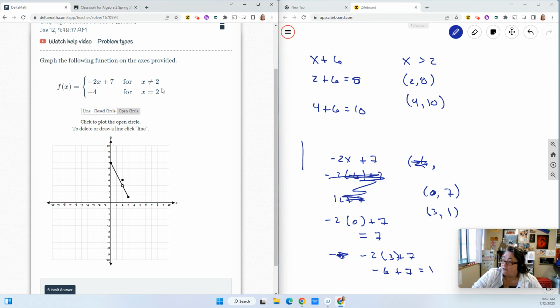Now this one does have a start and an end point, but this one does not, right? This one goes an arrow, and oops, dang it. This one's going to be an arrow and this one's going to be an arrow because for every other number other than 2, it's going to follow that line, right?